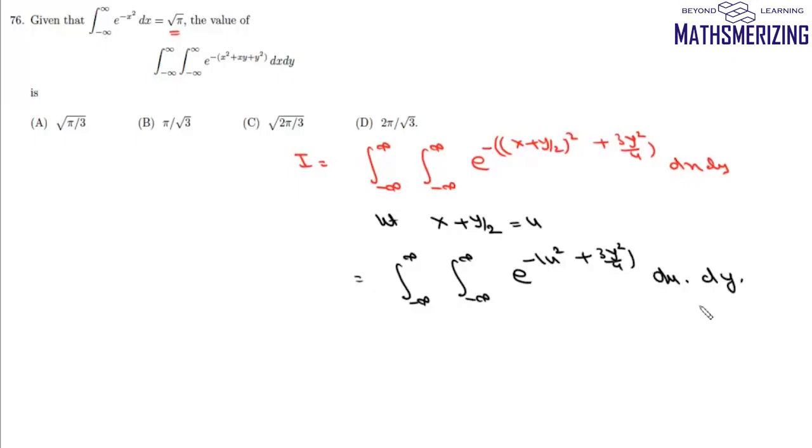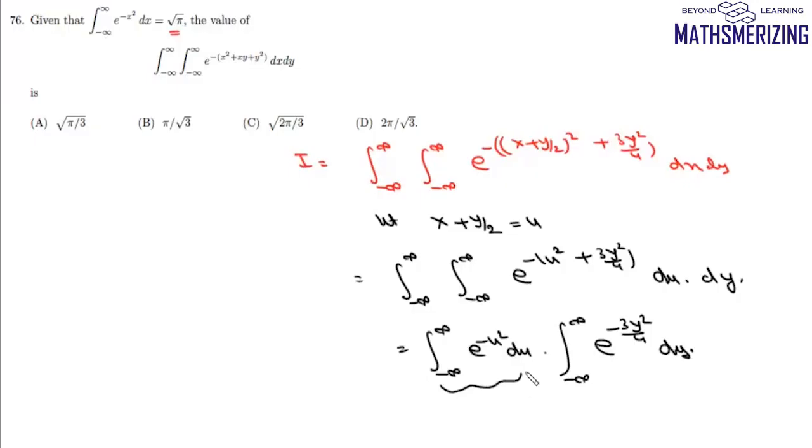Now we'll separate this integral. We can write from minus infinity to plus infinity e to the power minus u square du into this integral from minus infinity to plus infinity e to the power minus 3y square upon 4 dy. Now this first one is nothing but under root pi.